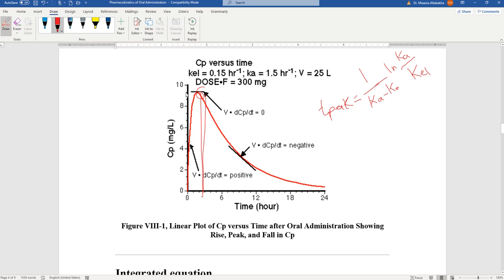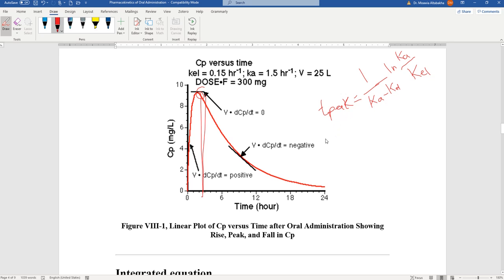So what did you notice? T peak depends on what? Only on two things, Ka and KL.